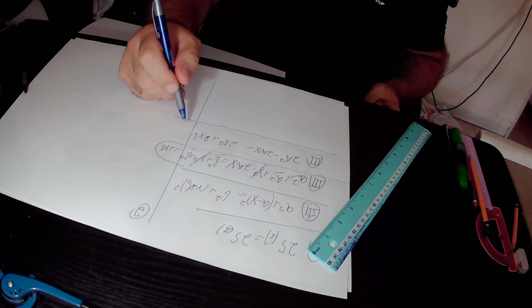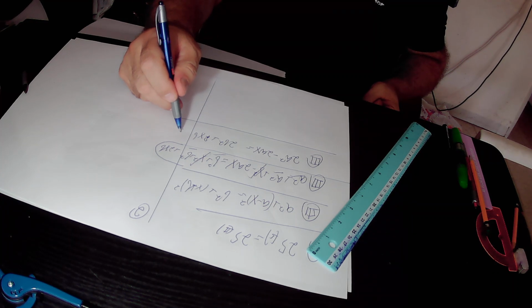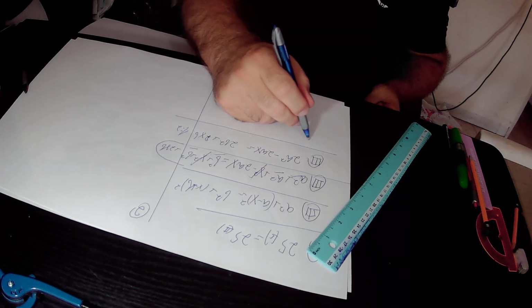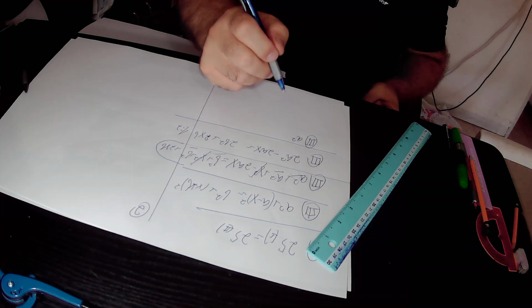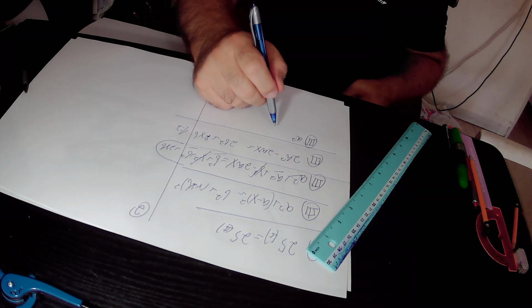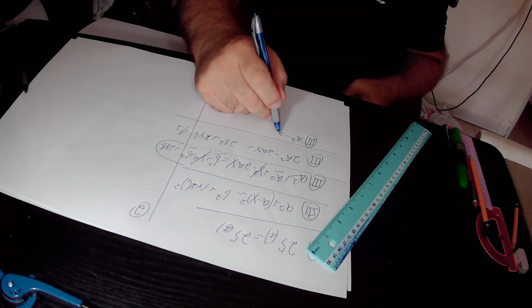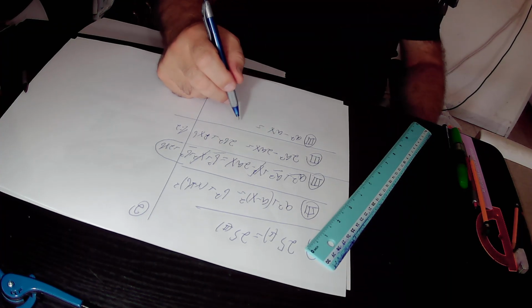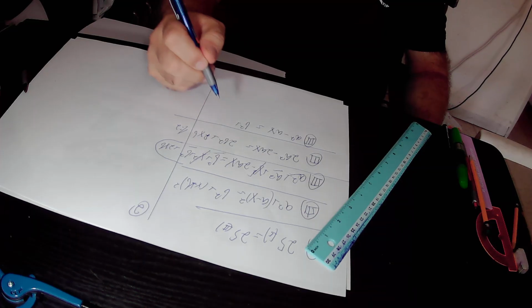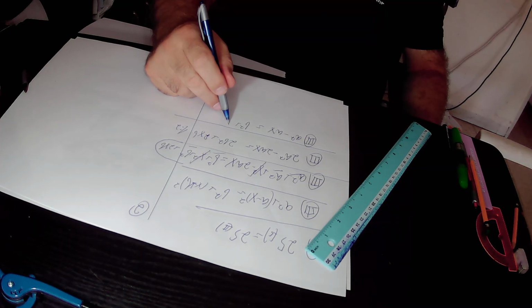Here we will divide equation 3 by 2, and we get that 2A squared over 2 is A squared, minus 2AX over 2 is minus AX, and this equals 2B squared over 2 is B squared, plus 2XB over 2 is XB.